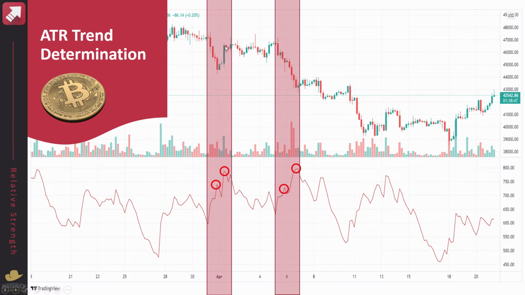Take a look at the price action you got here on Bitcoin. It traded between 46 and 47,000. That's not a huge range for Bitcoin. And then all of a sudden, we start to get new highs here on ATR. What happened? We got a major move to the downside, 47,000 all the way down to 43,000 on Bitcoin. And then volatility fell. ATR went into a downtrend.